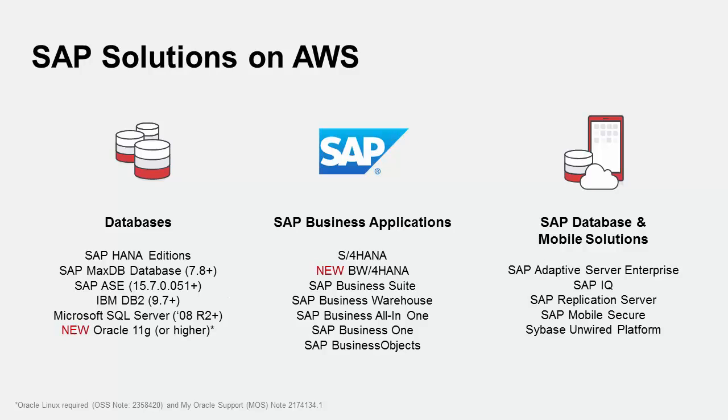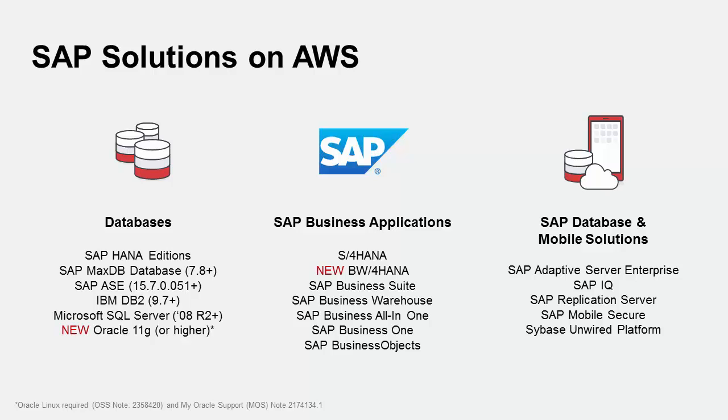The SAP solutions which have been certified on AWS for production with SAP: pretty much all of the on-premises business applications like Business Suite, S4HANA, BW for HANA, Business Objects, Business One have all been certified.